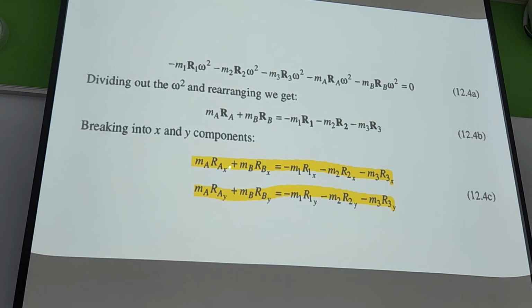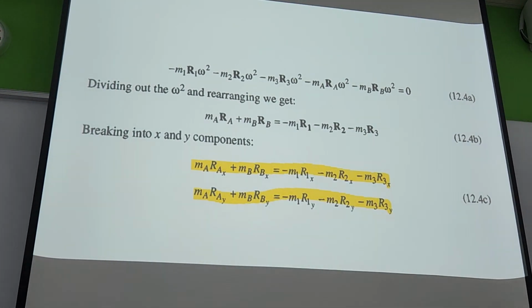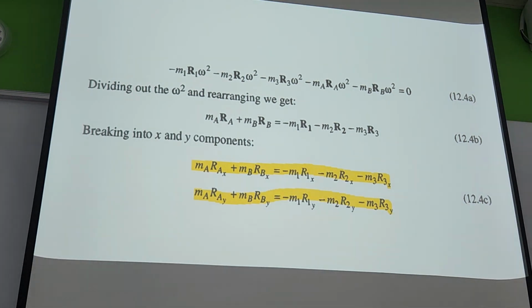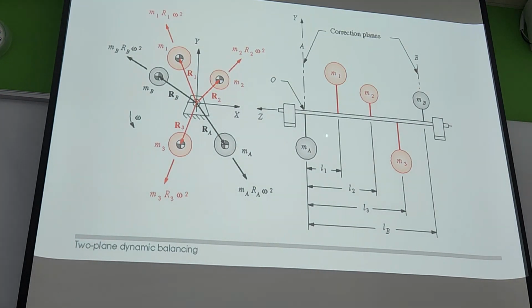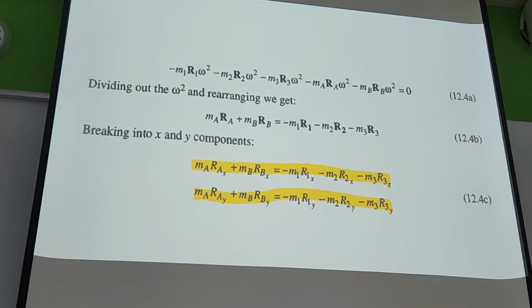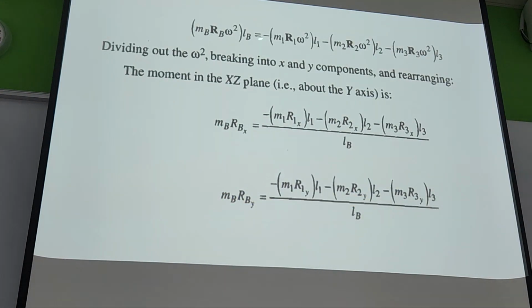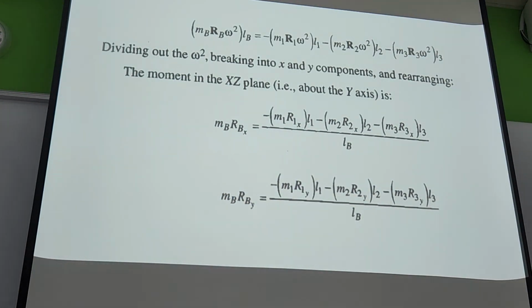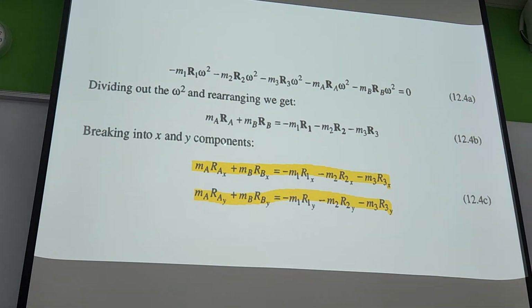So therefore, you can also calculate MA RAX and MA RAY. So that means you can calculate the correction plane masses MA and MB, and also the distances RA and RB. So for dynamic balancing, we need to first do the moments to zero, then we need to do the forces to zero.